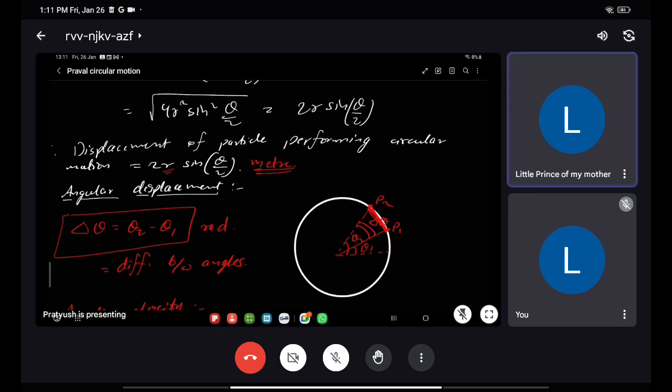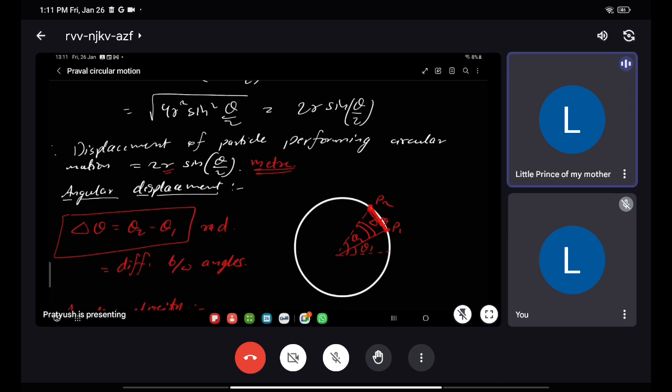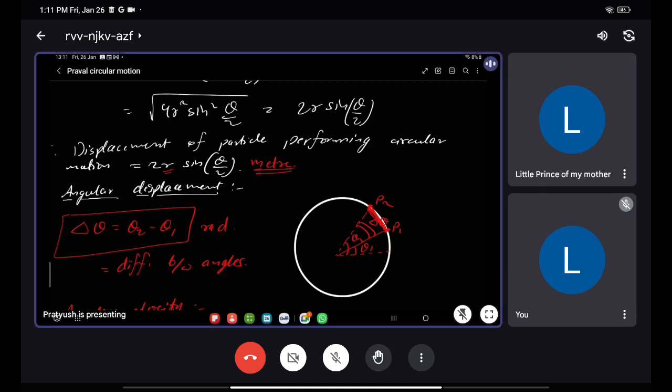Yes. Displacement is always linear. The length of arc is the linear distance traveled. That is linear distance. This will be the displacement, and when we say displacement, it is always linear.